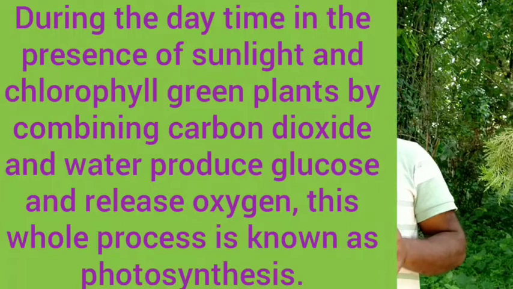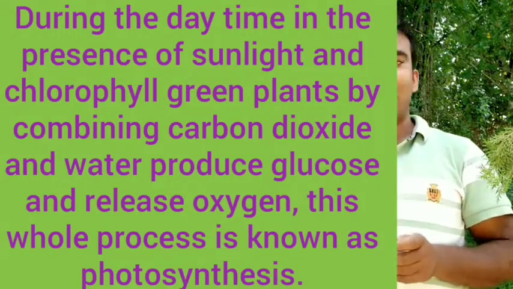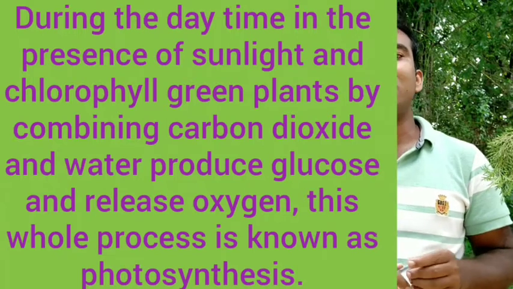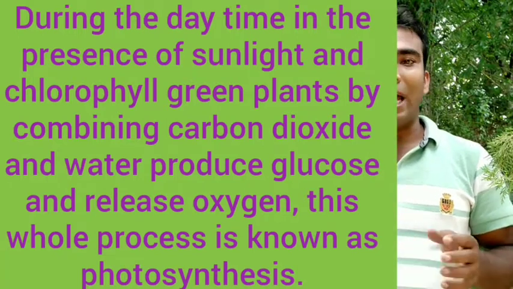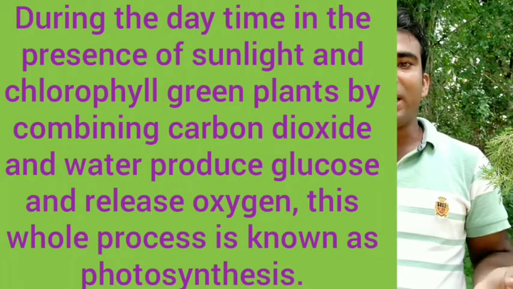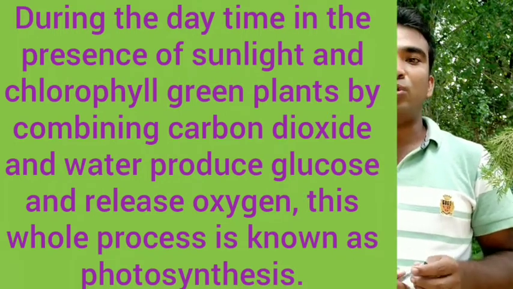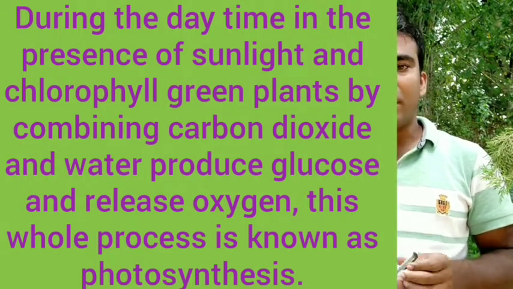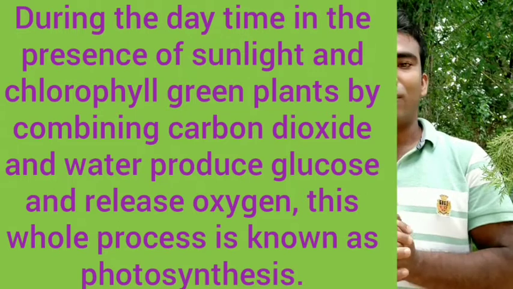So dear children, the process during the daytime, in the presence of sunlight and chlorophyll, the green plants combine the carbon dioxide absorbed from the atmosphere and minerals and nutrients absorbed from the soil with the help of the roots. By combining them, they produce the glucose and release the oxygen into the atmosphere. This whole process is known as photosynthesis.